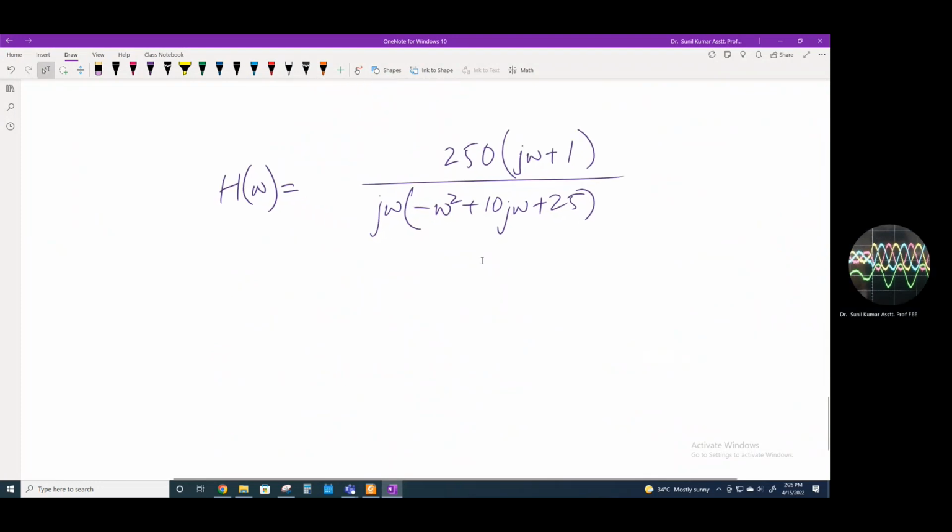We can write this minus as j squared, or iota squared.